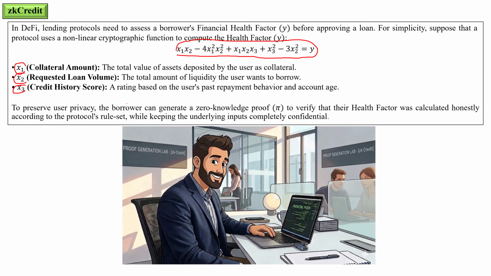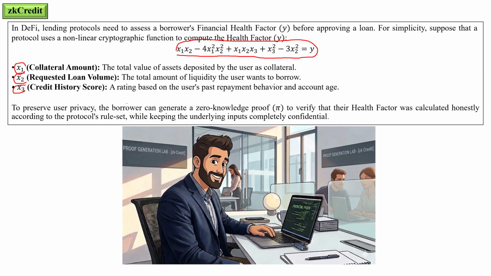Yeah, using ZKP. So the user can implement a Groth16 algorithm and then generate a proof and send that proof to the server, and then the server can check to see if the Y value is bigger than a specific value or not, and then decide to pay the loan or not.